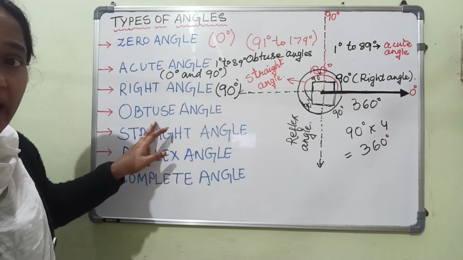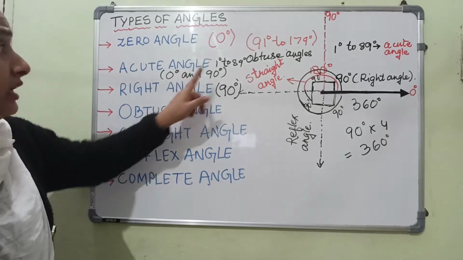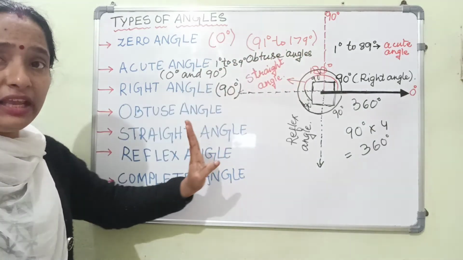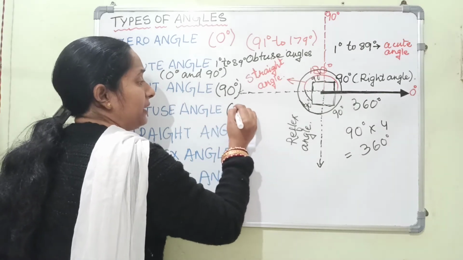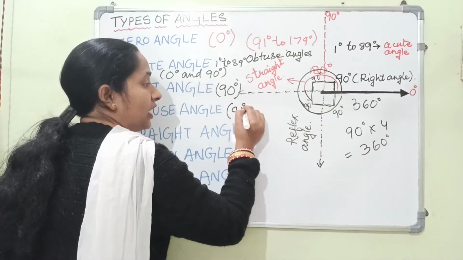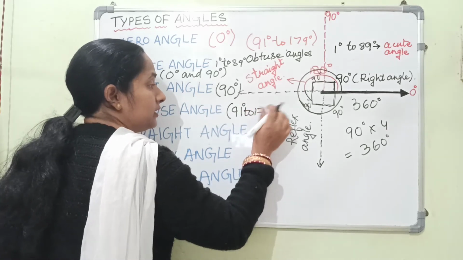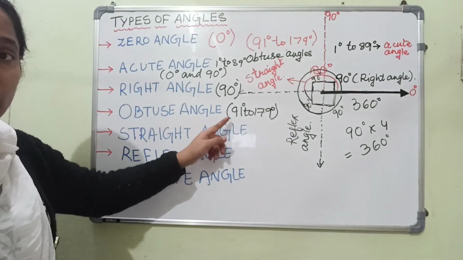Now when the angle between both the arms ranges from 91 degrees to 179 degrees, all these angles will be called obtuse angles.